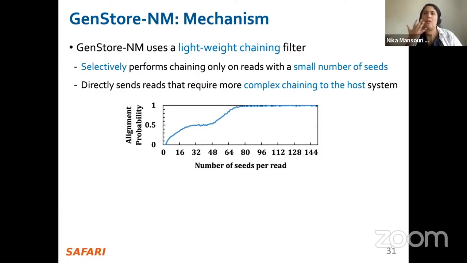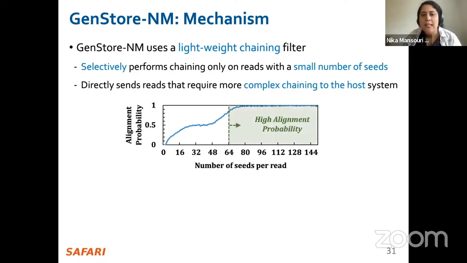So we want to see, for example, if a read has 64 seeds, would it align? What will be the alignment probability? We analyzed this for different genomic data sets from different species, humans, bacteria, mice, many different species. You can look up our paper if you're interested.